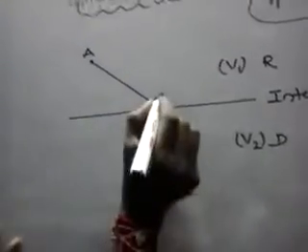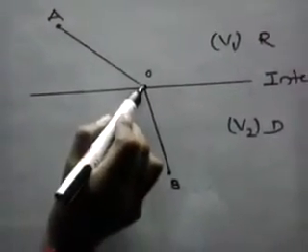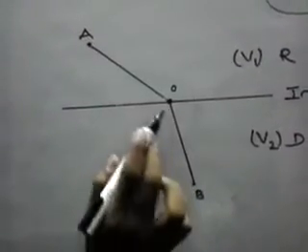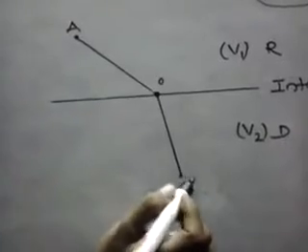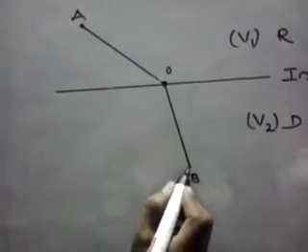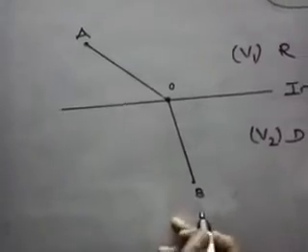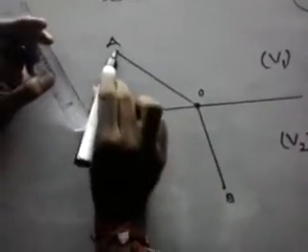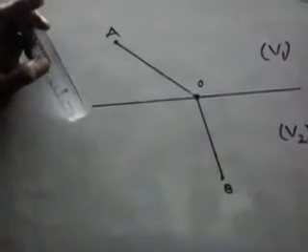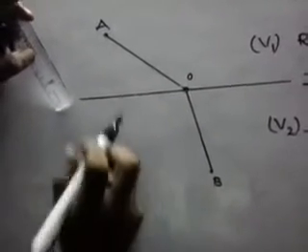This point is assumed as O. AO is the distance travelled by the light in the rarer medium and OB is the distance travelled by the light in the denser medium. You all know light travels faster in the rarer medium than the denser medium, and light always chooses the shortest path for its propagation.